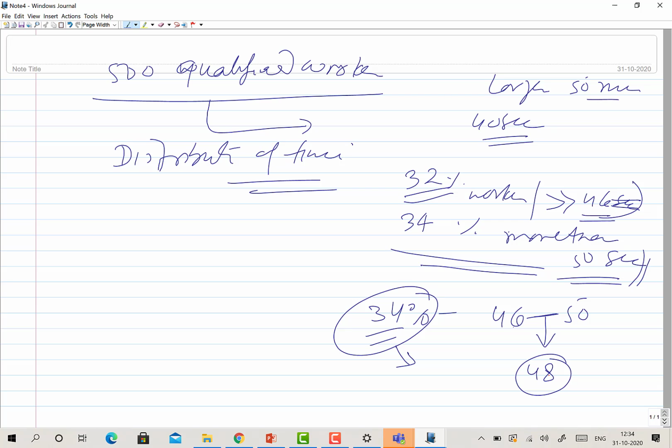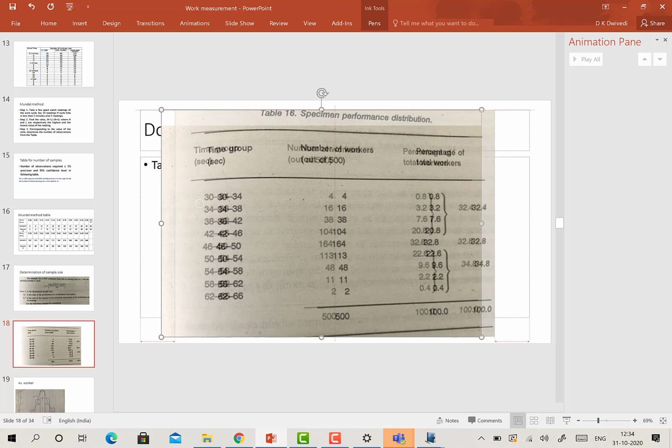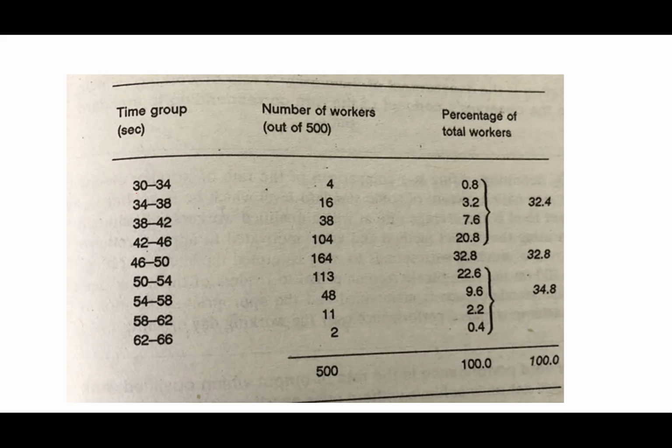If the distribution of the workers taking different times for completing the job is seen, then what we get is: about 30 to 34 seconds is being taken by just 4 workers.